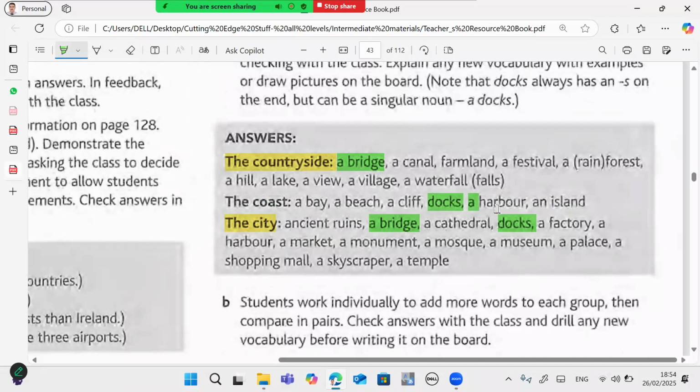Harbor in the coast, harbor in the city. What else? I think only two, right? Teacher? Yes.